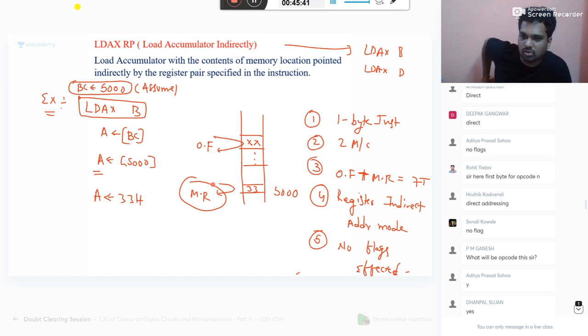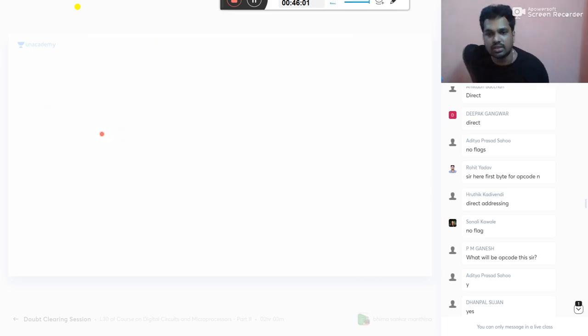The address bus, right? So please listen. Here we don't use WZ registers. There is no need of WZ registers because the address is already present in B and C. Directly BC will be given to the address bus. If it is BC, BC. If it is DE, then DE.